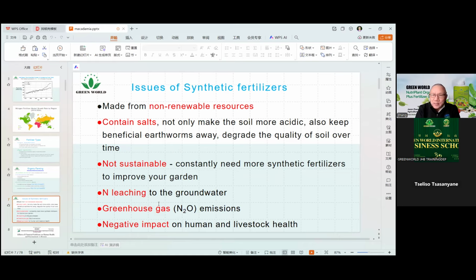When you use too much fertilizer, this NPK fertilizer basically contains salts. When you put salts in the soil, it becomes solidified, like cement. The water will not move easily up and down, and the soil becomes very hard.